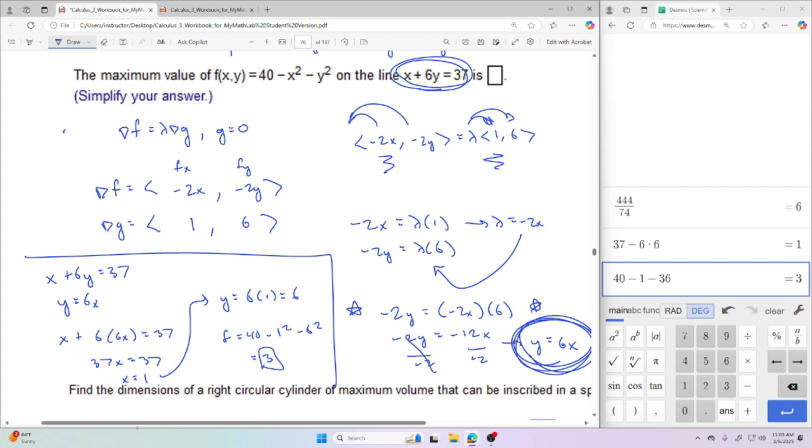Yep. So here's how I view Lagrange. You have x and y as your variables. Lagrange is adding one more variable. It says you had x and y, good. Let's add x, y, and lambda now. Have fun.